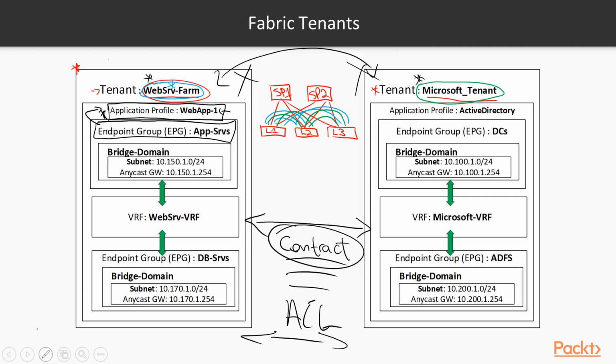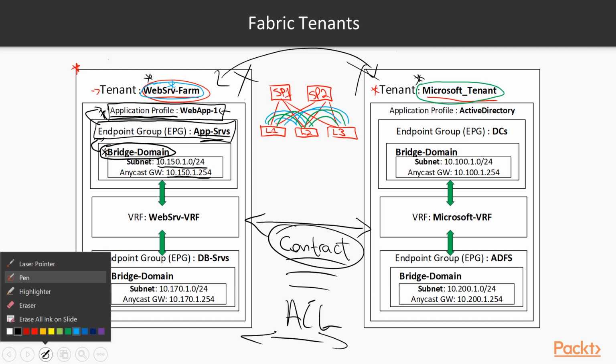But this is not complete until we give some addressing so it can communicate in the fabric. This is done with a bridge domain. A bridge domain allows communication for those endpoint groups in the application profile. So with the bridge domain, I can then assign an IPv4 network along with its default gateway so those application servers can talk in the fabric.